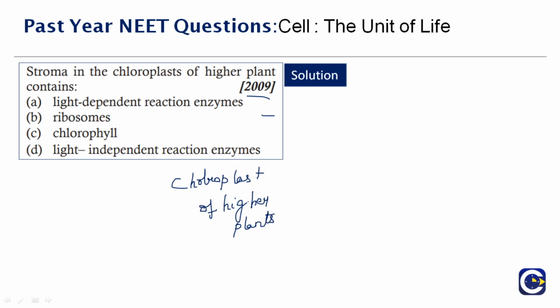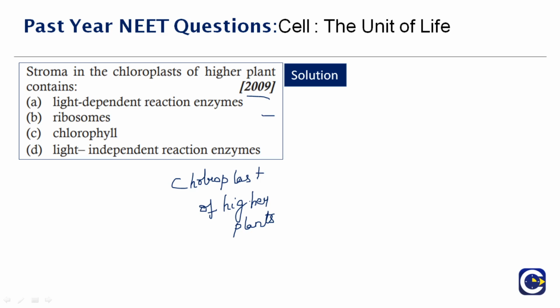Stroma contains light. See, it should either contain light dependent or light independent. Okay, stroma, as I already said, they are the chloroplast. They are present in the chloroplast of higher plants, and here if you see, they will be light independent reaction enzymes. Okay, they are the light independent reaction enzymes.